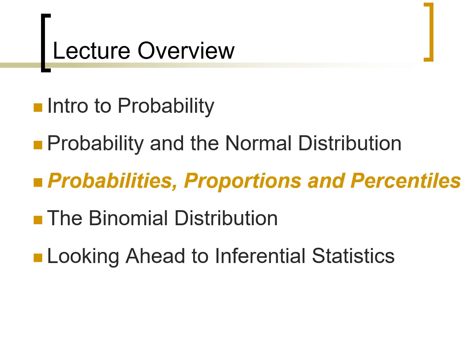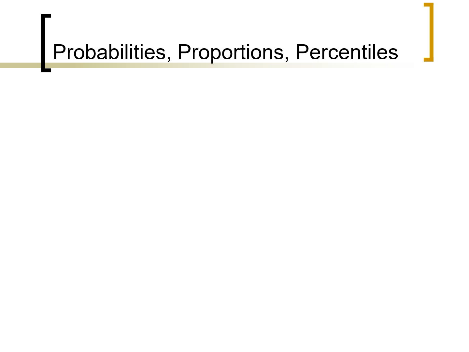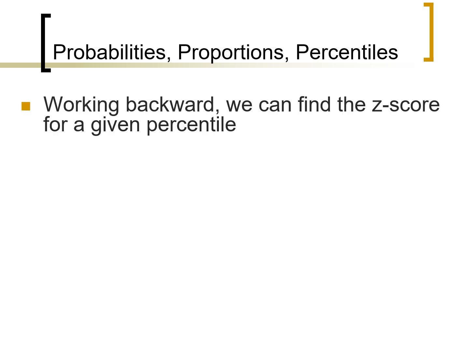Now a few more applications for our basic discussion of probability so far. We can also work backwards from a given percentile to find the z-score. How does that work? What is the z-score for 85%? Well, go check our table.